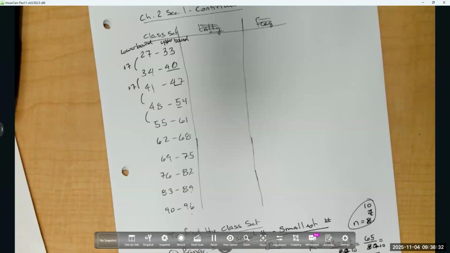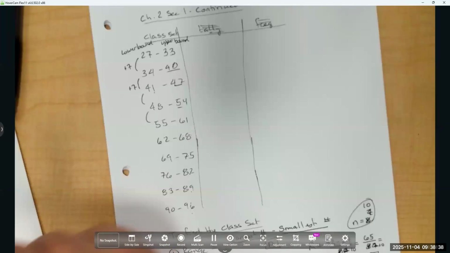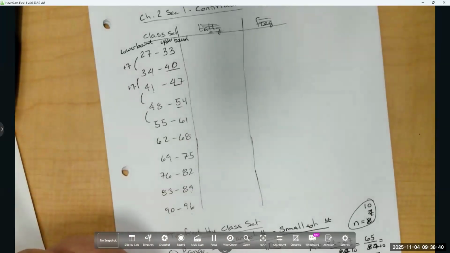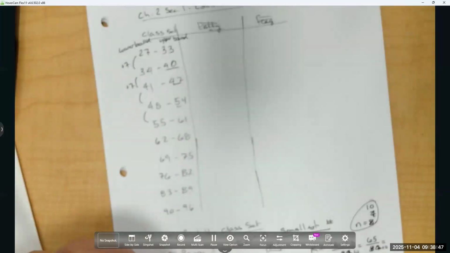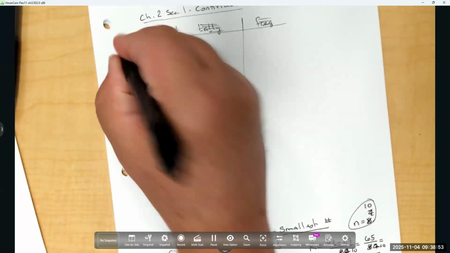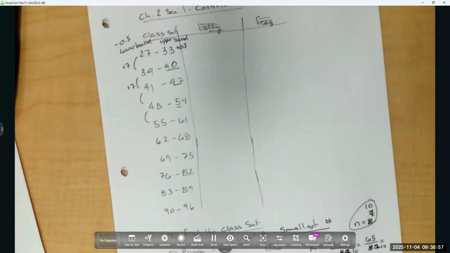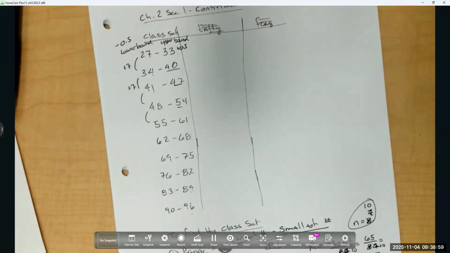All right. Now, typically what we do here, we change it, because what if something happened between there, like 33.6 or 33.4? So what do we do? The next step from here is what? Minus 0.5, plus. Yes. Now, why is it 0.5? Why is it not 0.05?